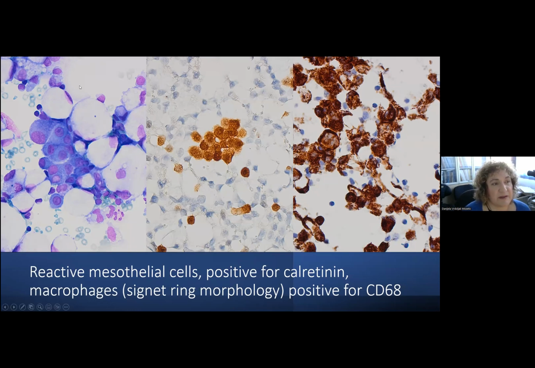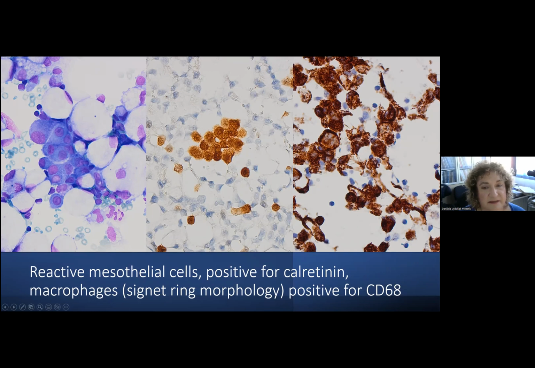So when we have a preparation like this, we can do calretinin, in which we can prove that these smaller cells are really mesothelial cells, and also macrophages that really developed from the mesothelial cells. Then they can be positive for CD68. You can see it here.